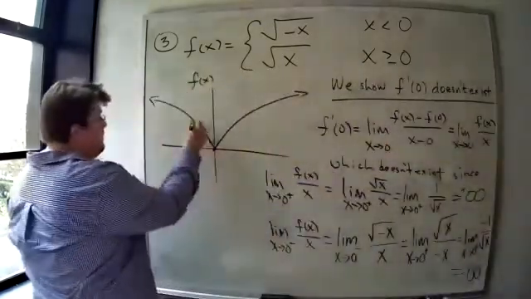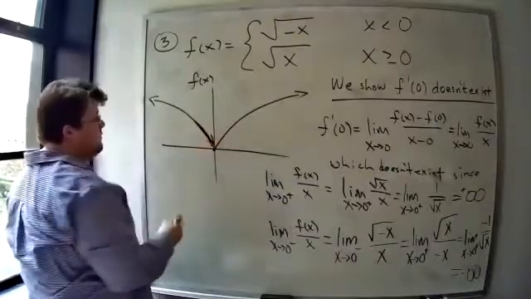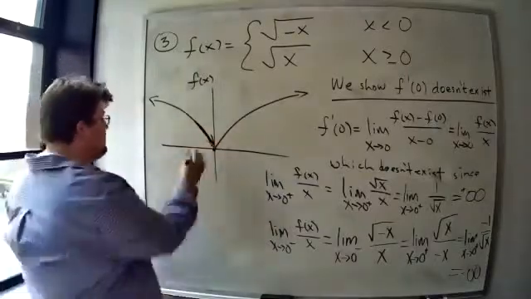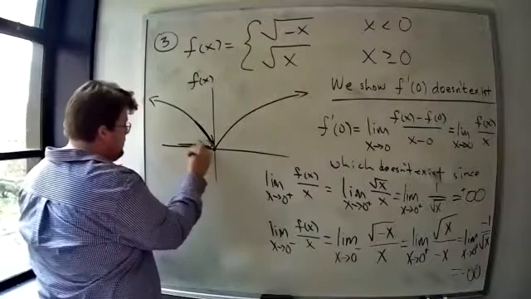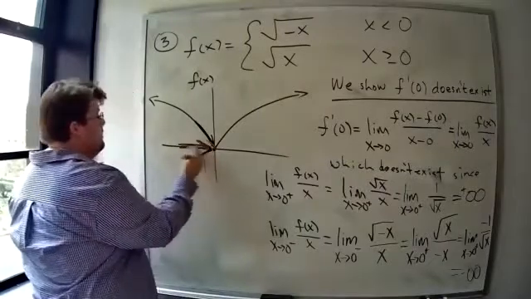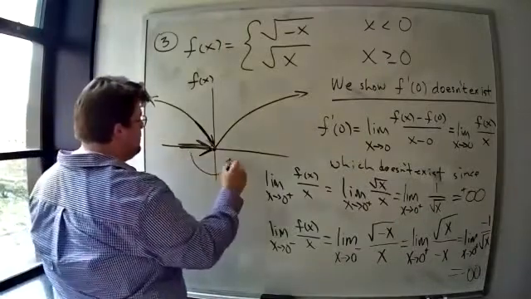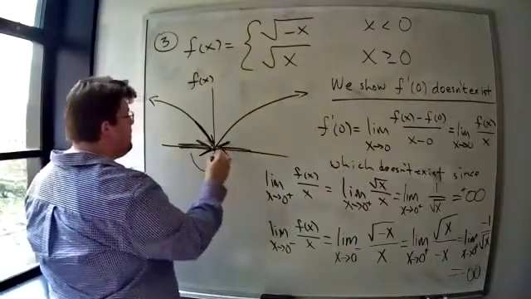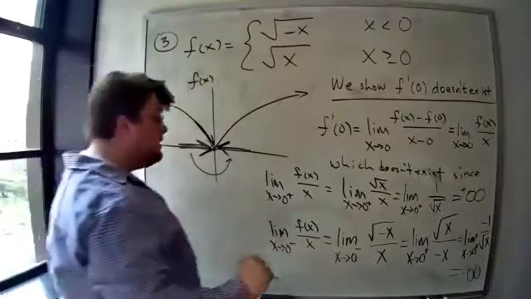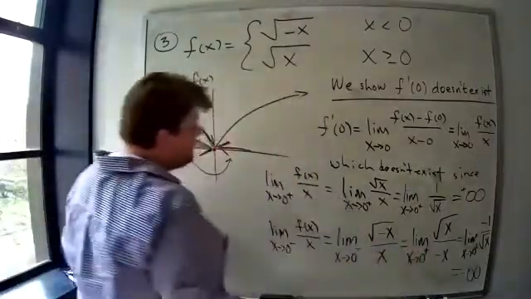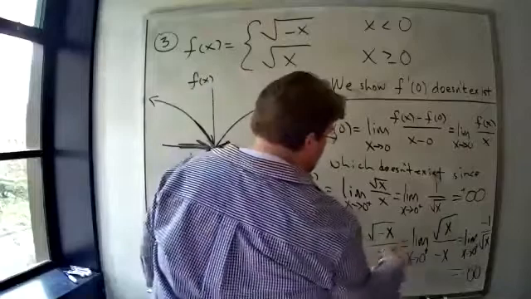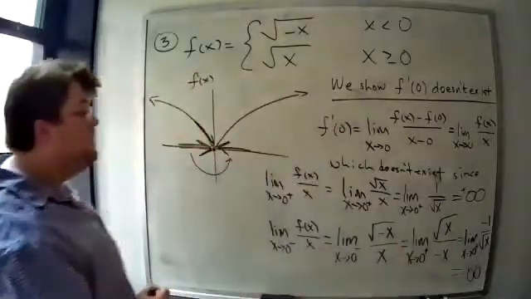So if x is approaching 0 from the left, and you flip that across the y-axis, that's going to now approach 0 from the right. And also, in doing that, all x's become their negatives.